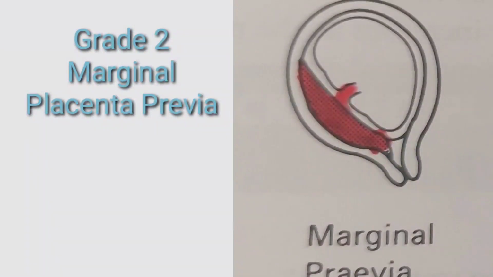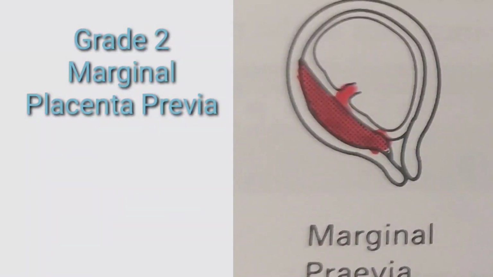So that's why it is marginal placenta previa. In marginal placenta previa, again a follow-up scan should be advised to look at whether this marginal placenta is slipping down to cover the opening of the internal os or not. The second thing you should observe is whether it is going upward with the pregnancy or gestational age.